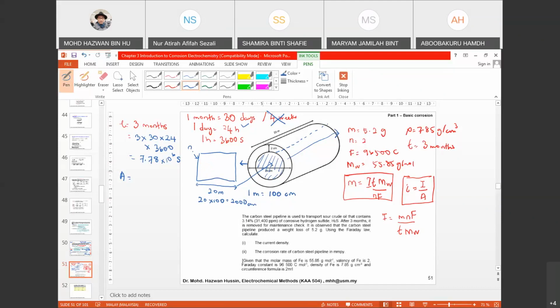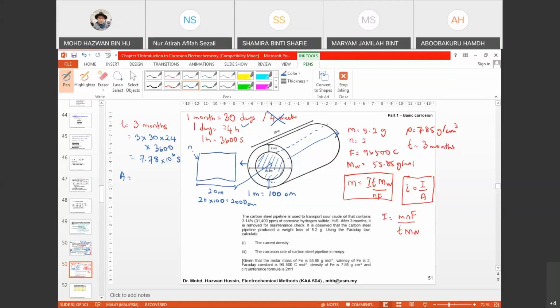The circumference needs to be calculated because over here I gave you the diameter. Diameter of the pipe is 20 overall, and the thickness is 2. Internal diameter is equal to what? 16. 16 or 18? 16, because you have 2 centimeters over here, and you also have 2 centimeters over here.